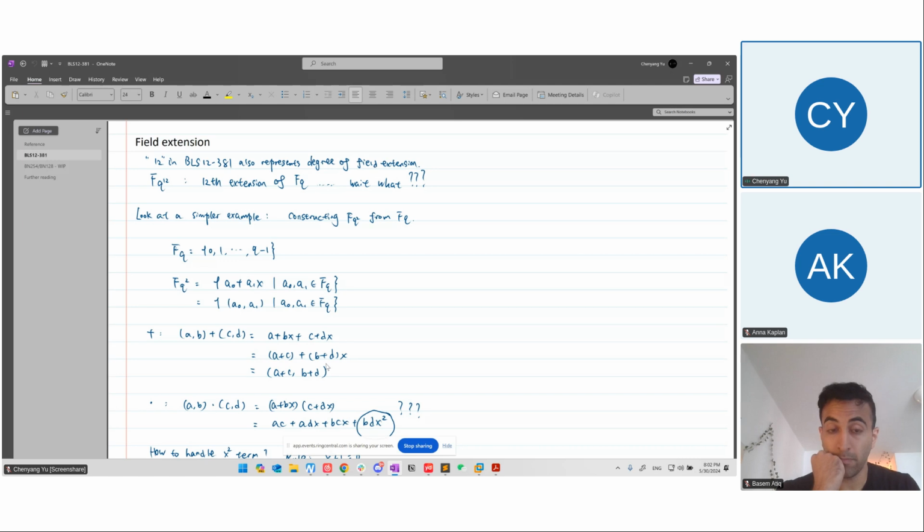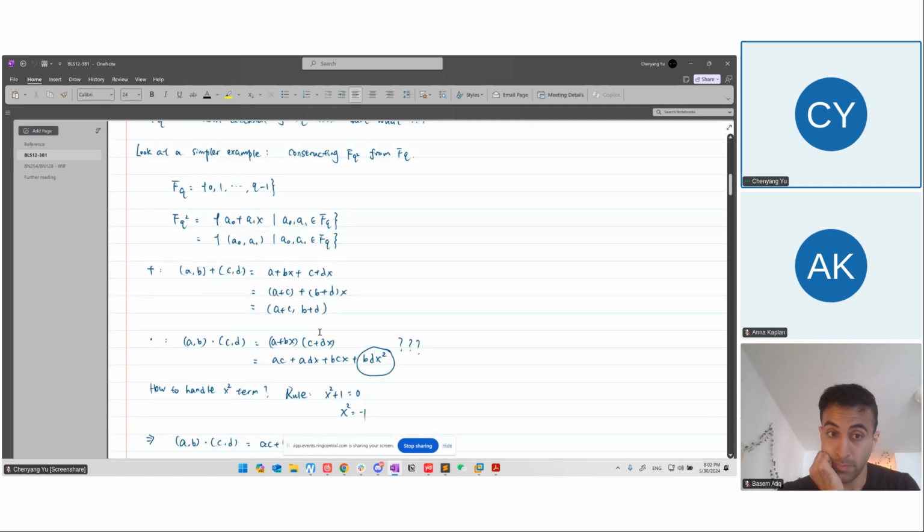For constructing a field, we have to define two operations, because recall that a field is a commutative ring where all non-zero elements have inverses. Since a ring has two binary operations, we have to define the same for a field. Addition is pretty easy: you just do (a, b) plus (c, d).